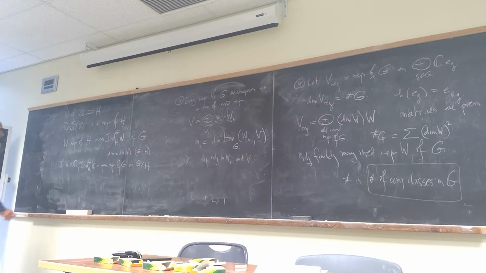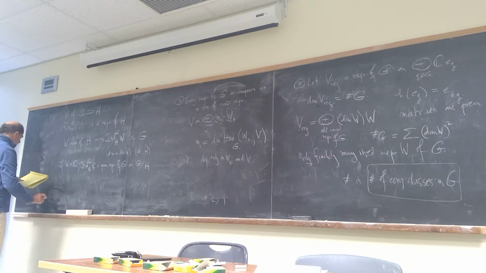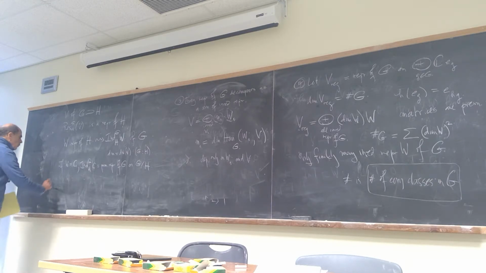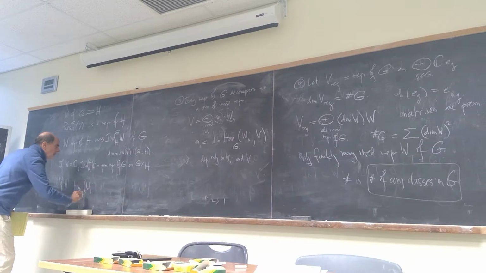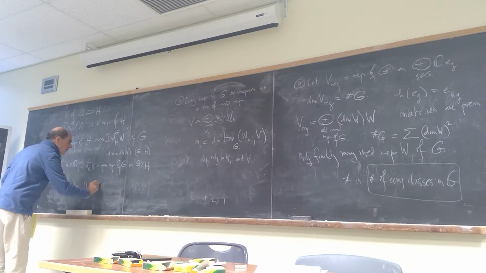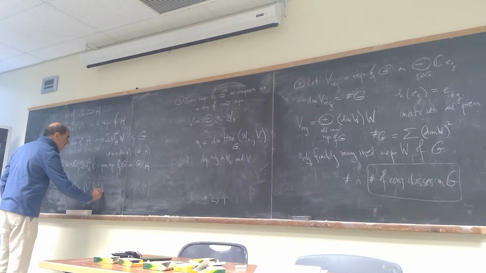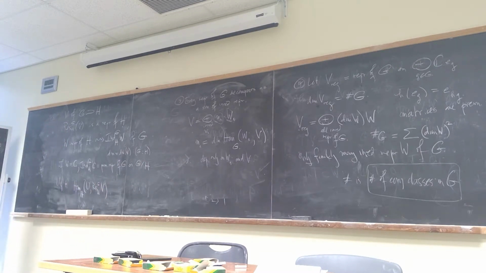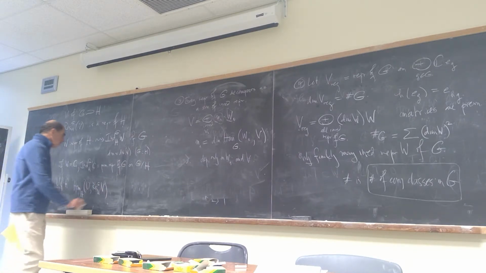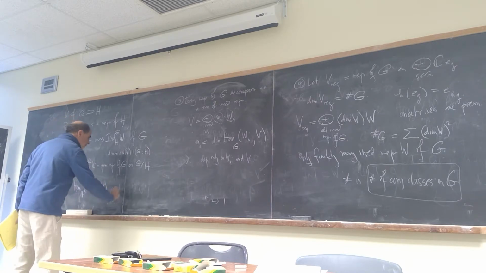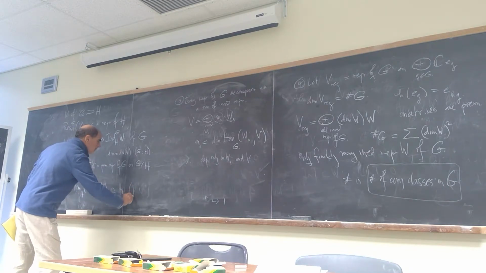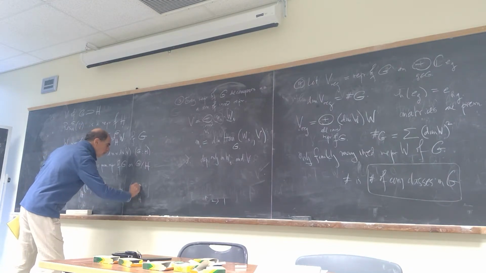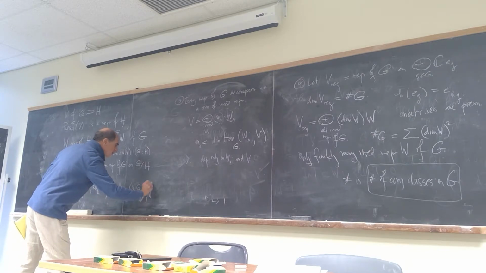That theorem says that if you have a representation U of H, and you want to compute the homomorphisms over H from U into the restriction from G to H of V, that complex vector space is isomorphic to the homomorphisms over G of the induced representation from H to G of U with V.